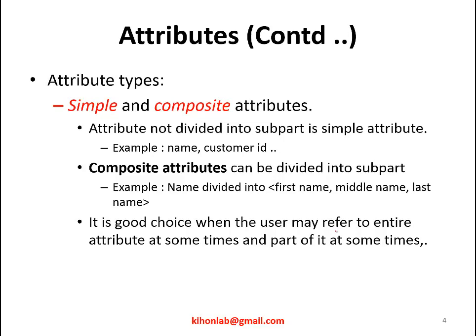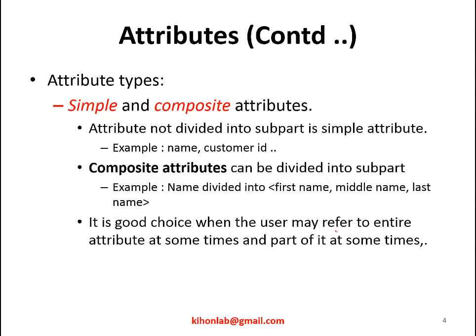It cannot be further divided, so it is called a simple attribute. A composite attribute can be subdivided into subparts. Here the example is name, which is divided into first name, middle name and last name.